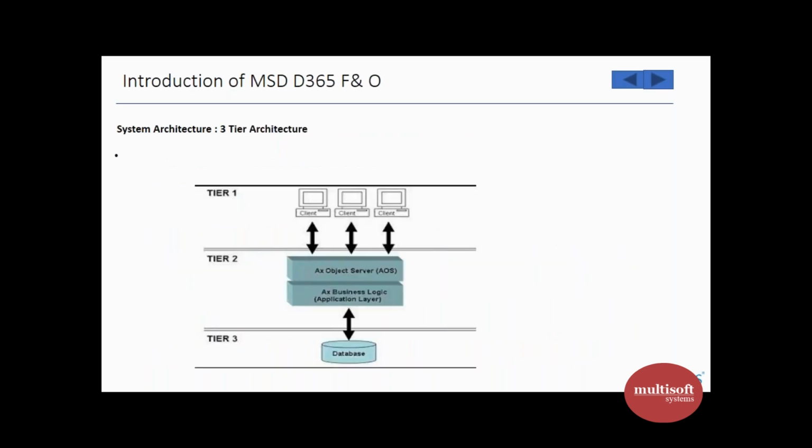In the system architecture, the different systems send all their transactions to the AOS, the Application Object Server. Again, this AOS sends all the transactions and business logic to the database. This database is stored in the cloud.